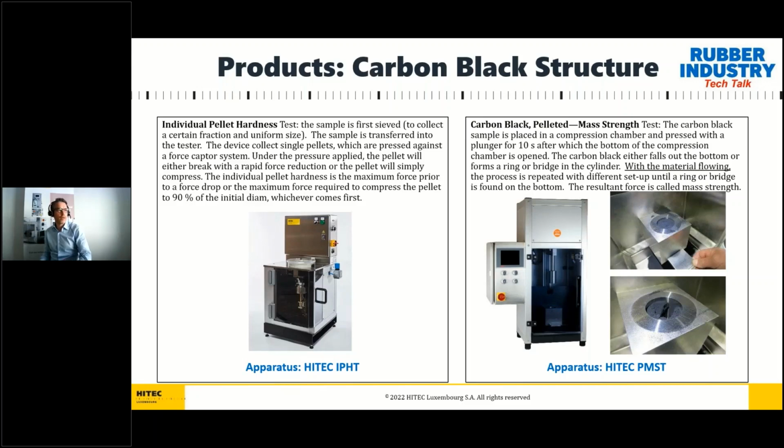Under the pressure applied, the pellet will either break with a rapid force drop or will reduce in diameter. The individual pellet hardness is the maximum force prior to this force drop we mentioned, or, when it's not breaking, when the diameter is reduced to 90% of the initial diameter, whichever of the two conditions comes first.